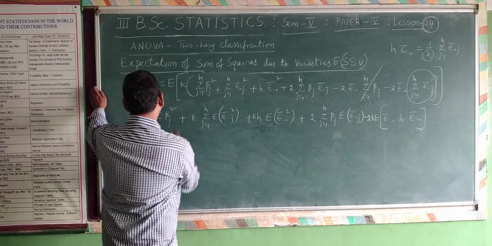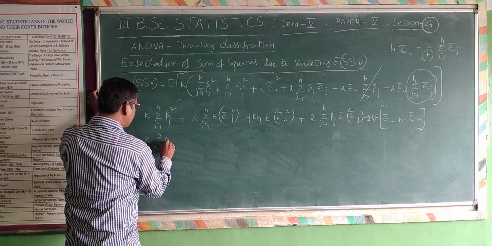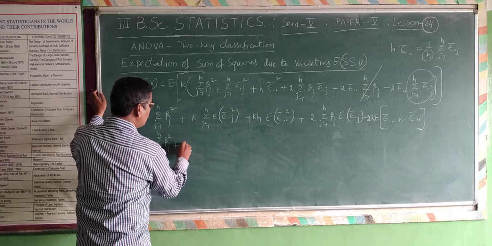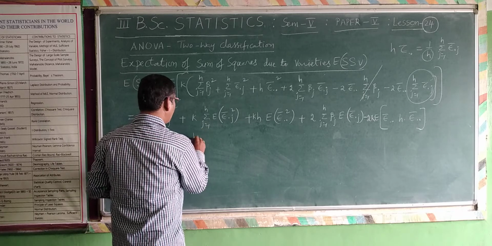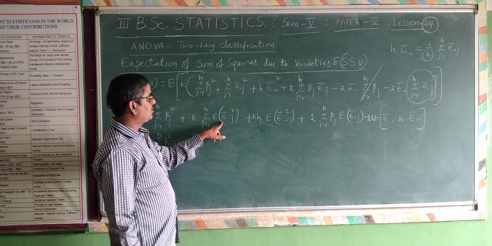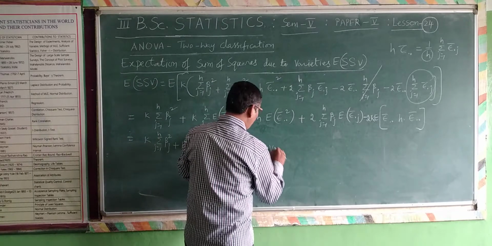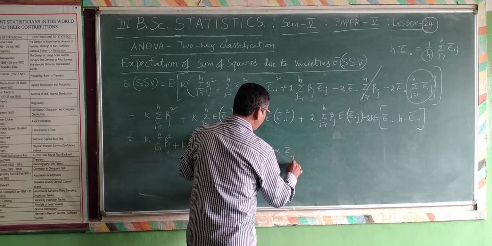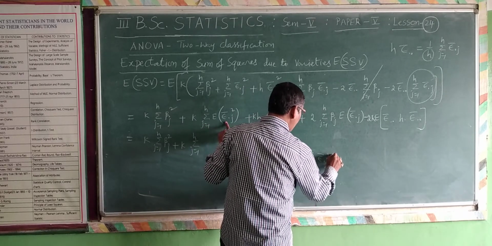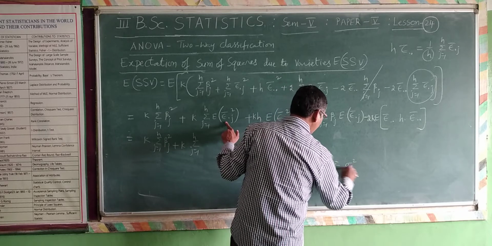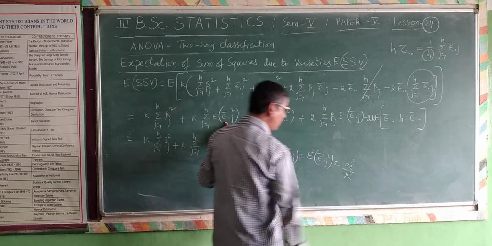So therefore, it is k into summation j equals 1 to h beta j squared, plus k into summation j equals 1 to h. Now I write the value of expectation of epsilon bar dot j squared. It is nothing but the variance of epsilon bar dot j, which equals the expectation of epsilon bar dot j squared, which equals sigma squared e divided by k.